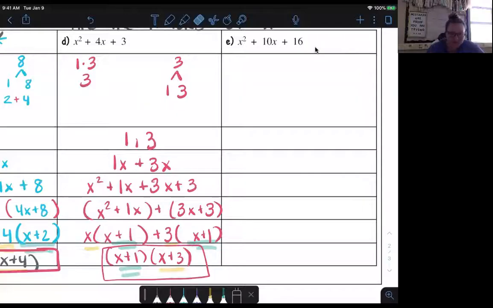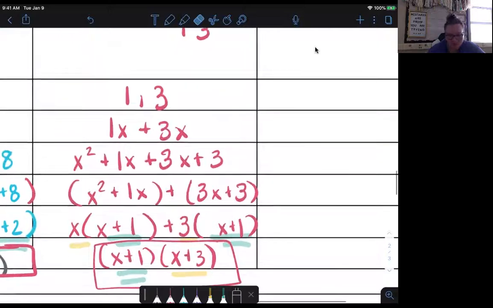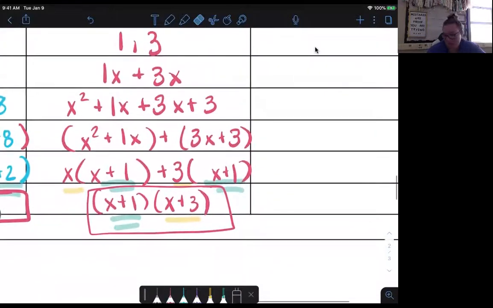All right, so when you multiply a times c, you get 1 times 3, which is 3. The factors of 3 are simply 1 and 3. Well, 1 and 3 can add together to get 4. So I'm going to use 1x and 3x to get 4x. I rewrote my polynomial as x squared plus 1x plus 3x plus 3. Then I put my parentheses around the first two terms and the second two terms with a plus sign in between.